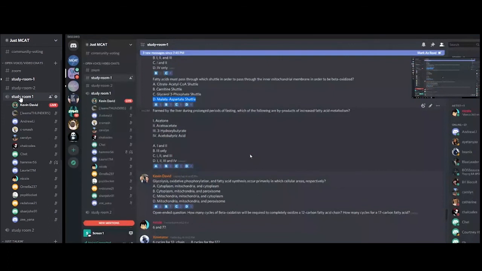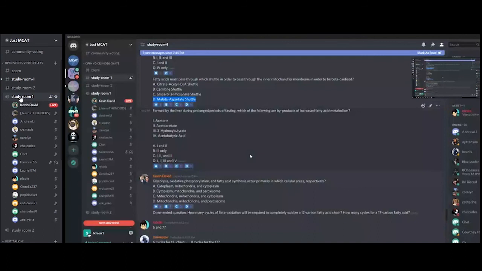And a byproduct of fatty acid metabolism are ketone bodies. That's that fruity breath you may be aware of when someone has diabetes. You've heard of that before. So these ketone bodies produce that fruity breath. And the question basically asks, which of the four are ketone bodies, products or byproducts of fatty acid metabolism?